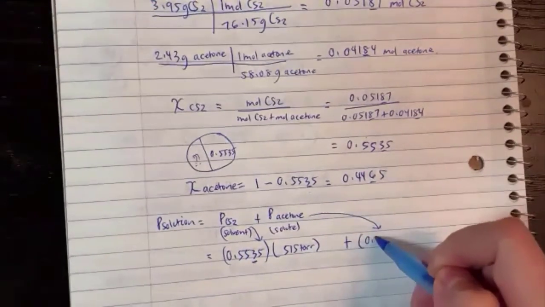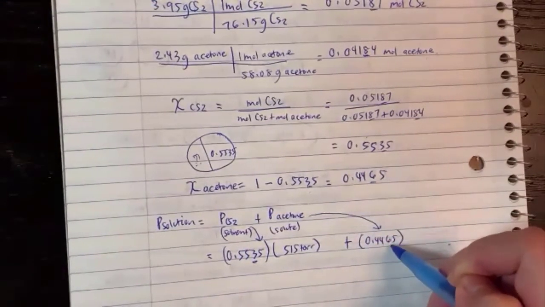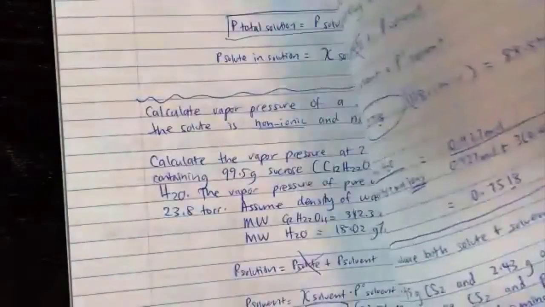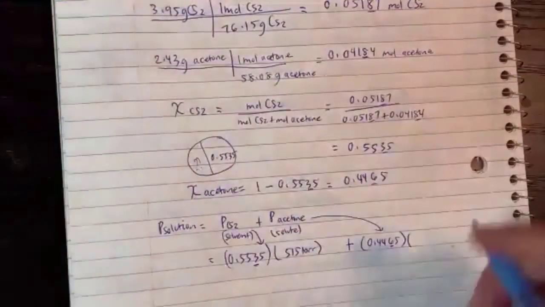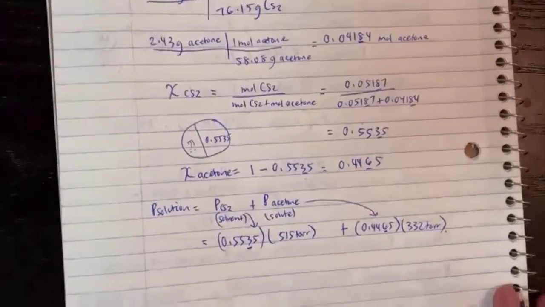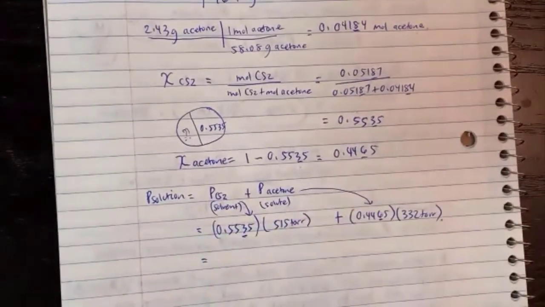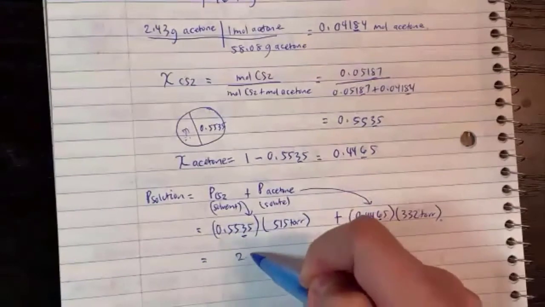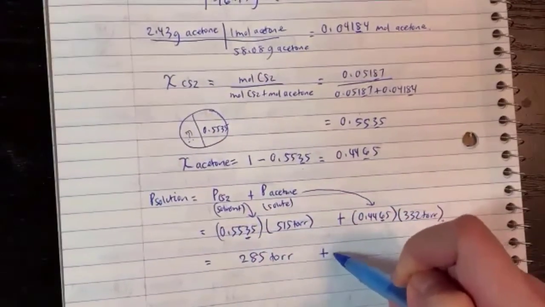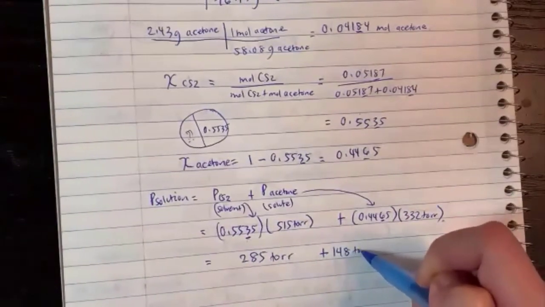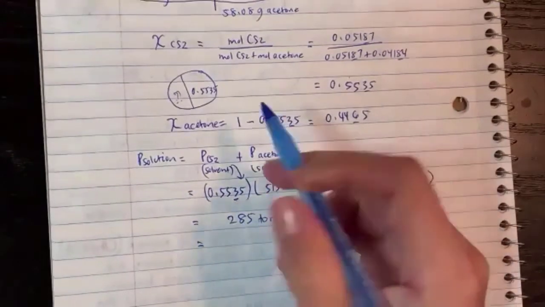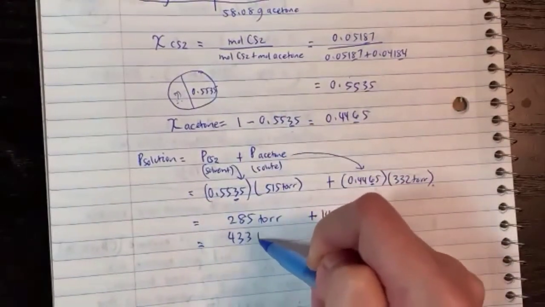Mole fraction is 0.4465 times the original, earlier, which is 332. Okay, so we'll have both portions now. You get 285 here, and you get 148 here. And the total of these two will be 433.